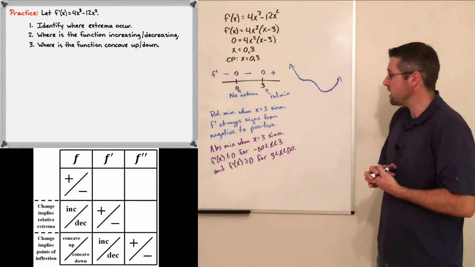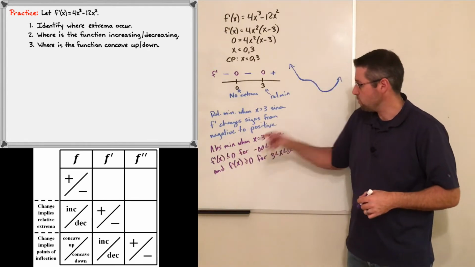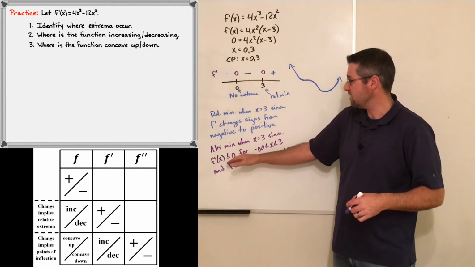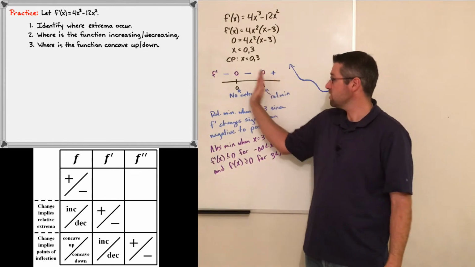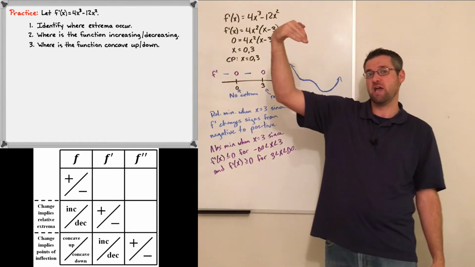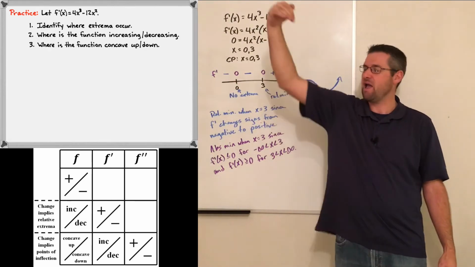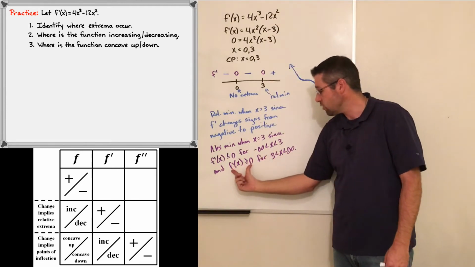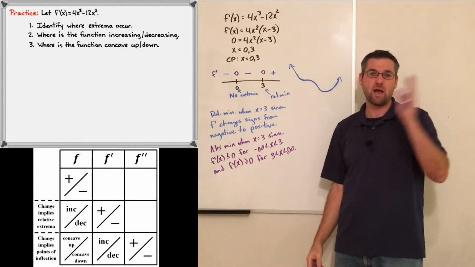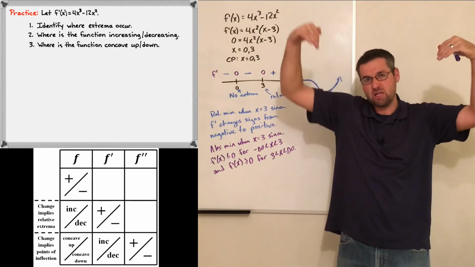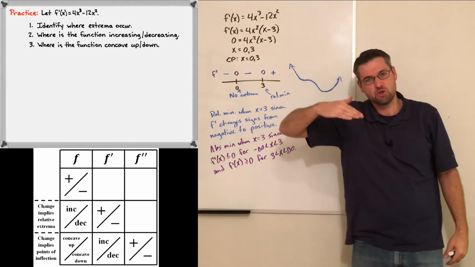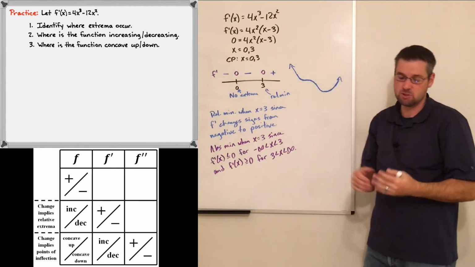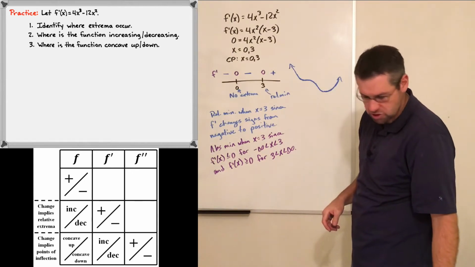So what we're saying here, by justifying it this way, is f prime is negative or equal to 0 for all values to the left, which means that the function f is decreasing for every value to the left of 3, and then the function is increasing for every value to the right of 3. Since we have a strictly decreasing function to a strictly increasing function at x equals 3, where that changes, we have an absolute minimum. So that answers question number 1 for us.